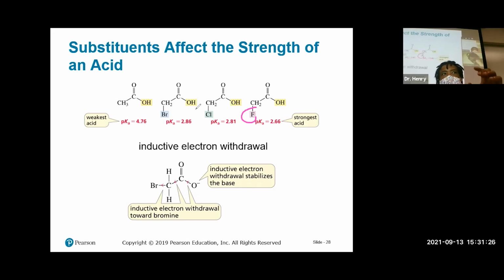Okay, even though this guy is smaller than this guy, now we're just looking at electronegativity because they're having an effect on the other side of that acid. Does that make sense? You're getting it? Okay. So in that case, the electron is moving.